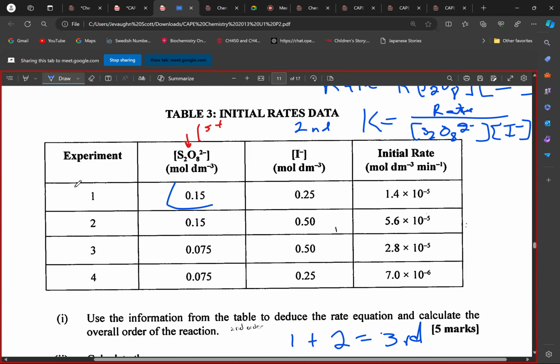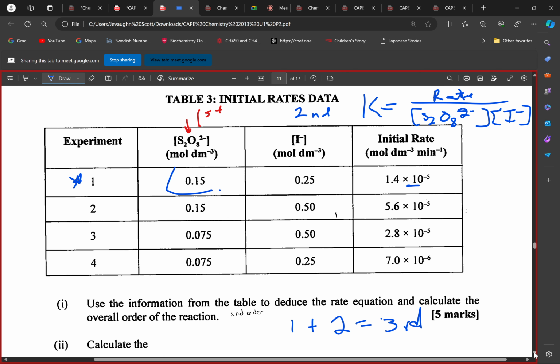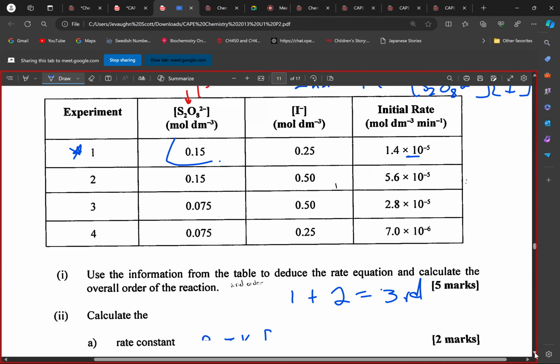Using experiment 1, this divided by the product of these two should give you 3.733 times 10 to the negative 4th power.